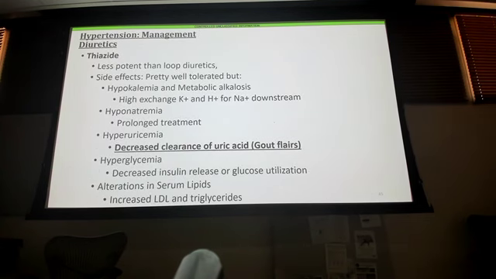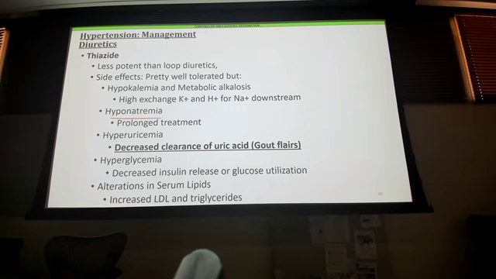The other thing that you have to be careful of with thiazides is the electrolyte changes. If I'm dumping sodium and chloride, then does it make sense that if they're on this for a long period of time, I may be getting to the point where I'm dumping too much sodium or too much chloride or even too much potassium, and now those electrolytes become deranged.